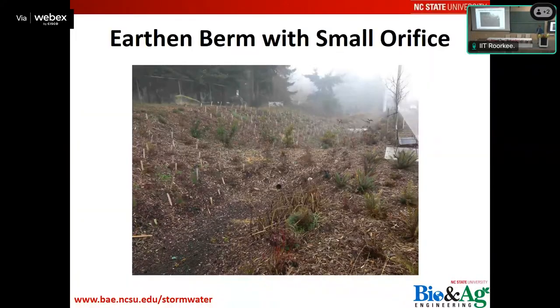Now, here's an example of a check dam where they have a relatively small orifice in the bottom of it. So what do you think happens here when you get a big storm? What do you think that segment of the swale becomes? We talked about them yesterday.